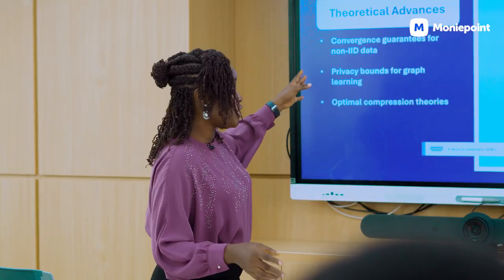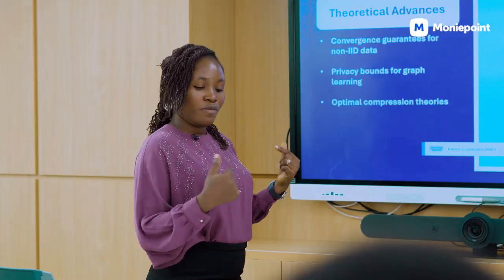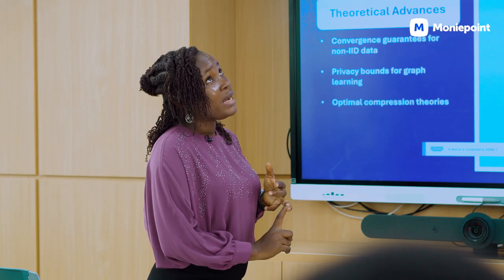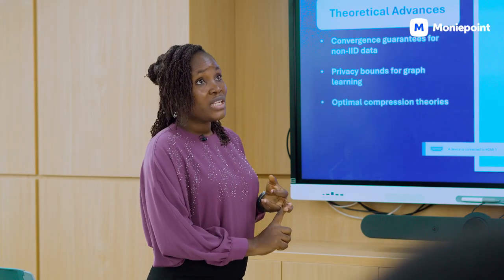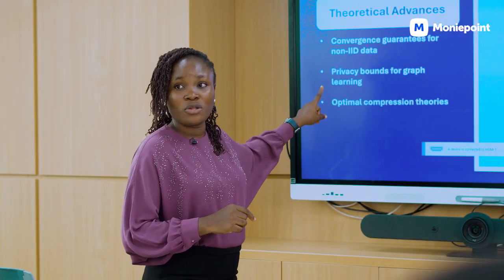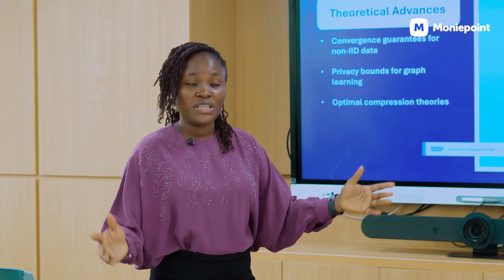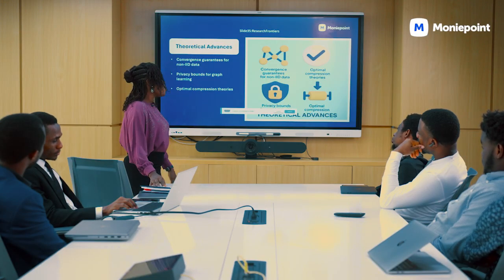So there should be an algorithm that you will use for convergence guarantee. For my model that was built, I used learning rate scheduling. I developed a custom loss function, and also incorporated FedProx into it to be able to cater for this non-IID data.